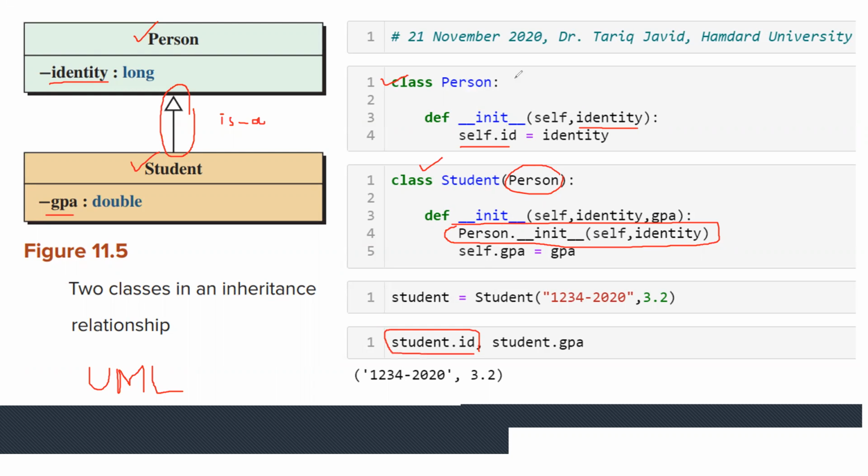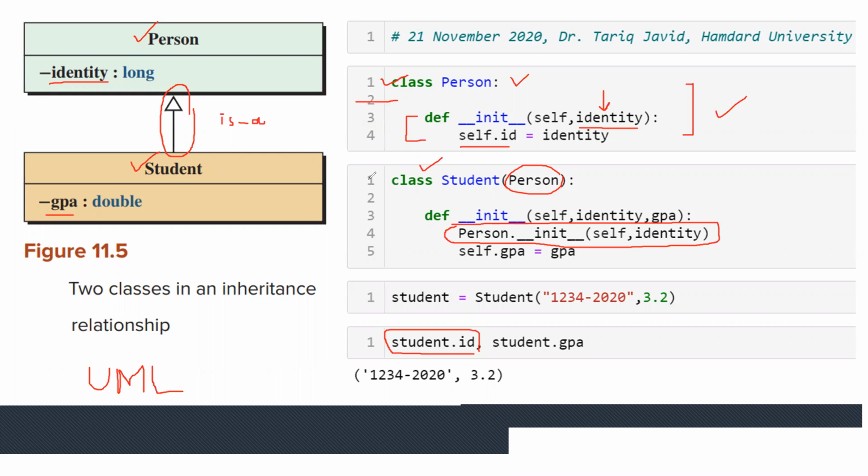So line number 1, class definition. Line number 2 is empty. Line number 3 is the definition of the default member function that takes one input parameter, which is the identification, and it says that I can access this through self.id. That's all for this class.